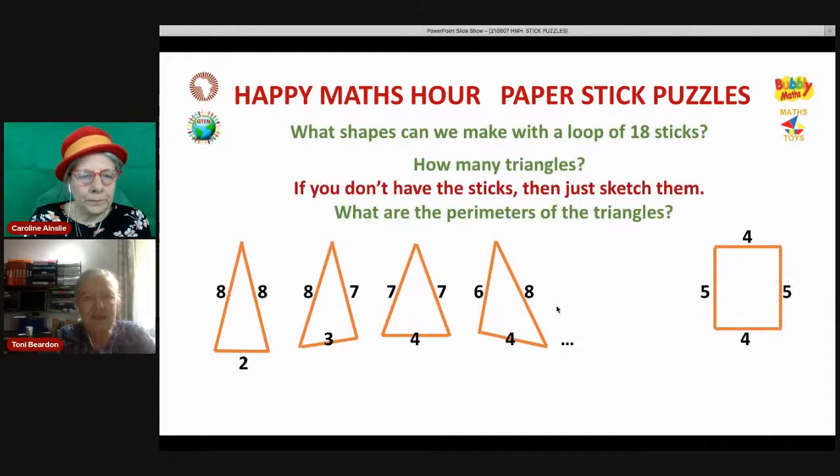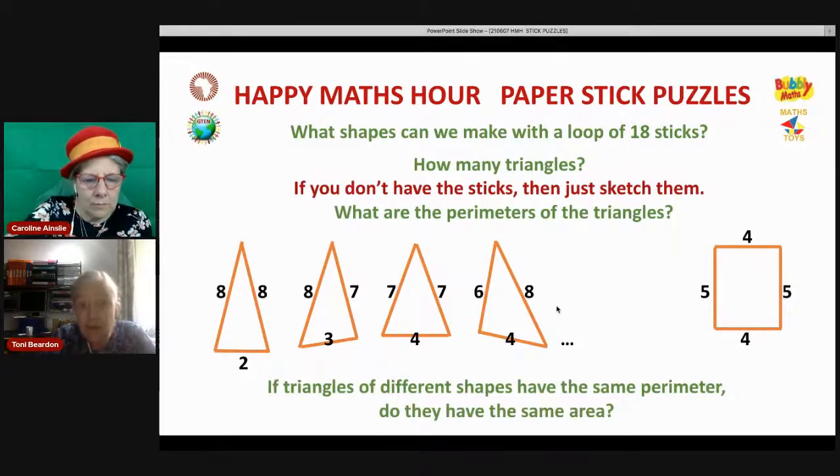Okay, so now we've got the same pictures we saw earlier, and all of these triangles have got a perimeter of 18. If the triangles are different shapes but the same perimeter, do they have to have the same area? The answer is clearly not. You can find that out for yourself.